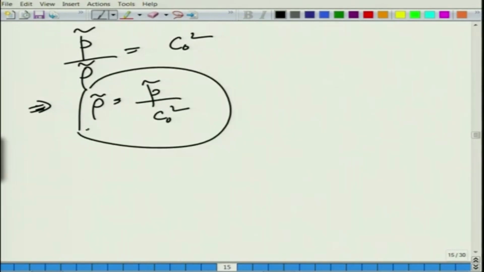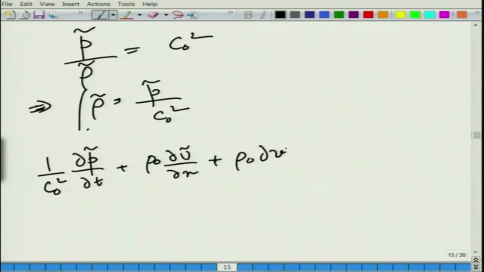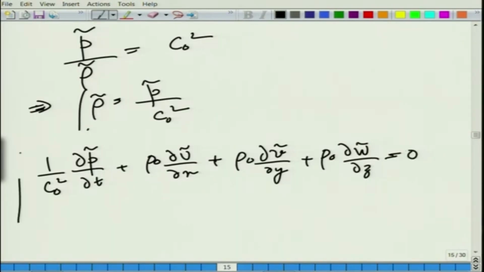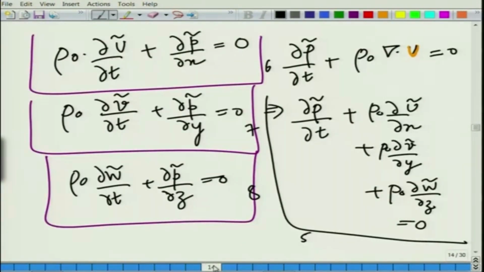What we need to do now is substitute this here to get this thing.